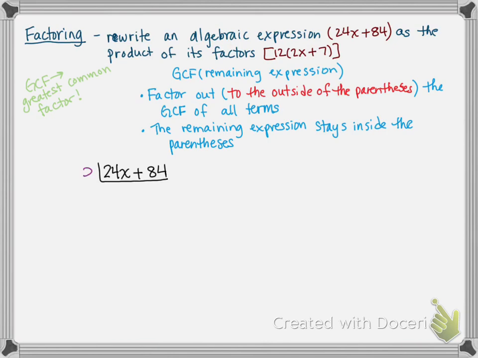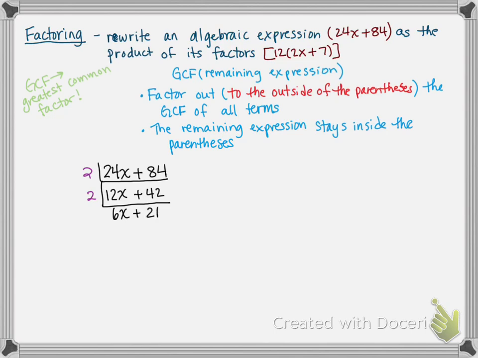So they're both even, so I can pull out a 2. So 24x divided by 2, 24 divided by 2 is 12, and the x comes along. Plus 84 divided by 2 is going to be 42. But I notice they're still even, so I'm going to factor out another 2. And 12 divided by 2 is going to give me 6, and then the x comes along. And 42 divided by 2 is 21.